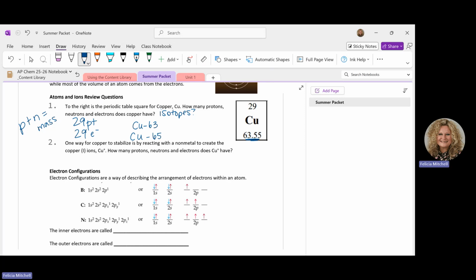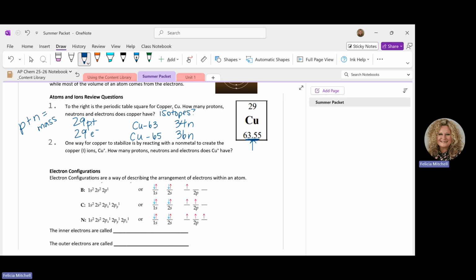And this number tells you the 63 isotope must be more abundant, because the average is closer to 63. So copper with a mass of 63 would have 34 neutrons. Where am I getting that? 63 minus 29. And copper with a mass of 65 would have 36 neutrons. Again, I'm just keeping up with the idea of protons plus neutrons equals mass.